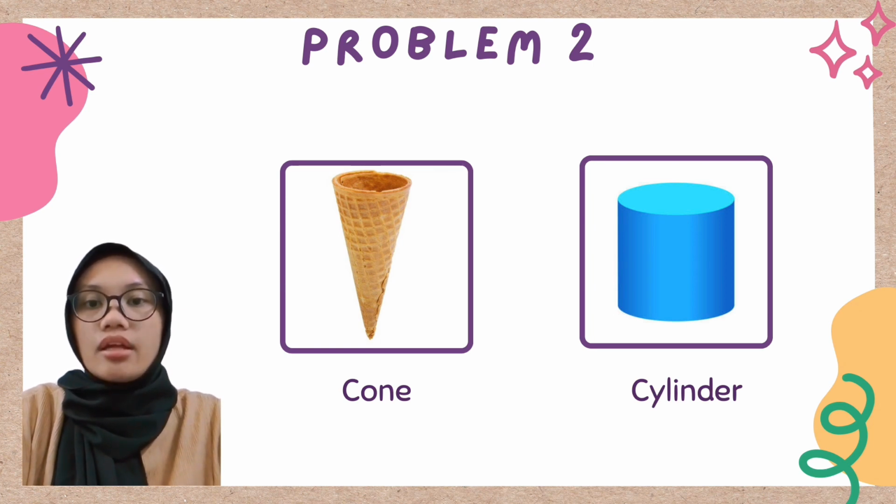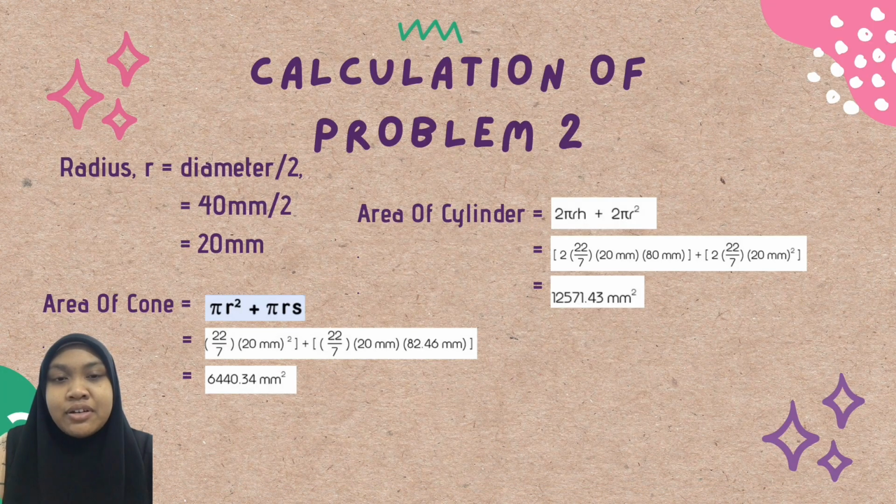After that, we calculate the area and volume of cone and cylinder using the mathematical formulas. We also calculate the volume of both shapes to find out which one has bigger volume so that the ice cream could fit more. Next, I, Alia Masara, will present the calculation of problem 2.